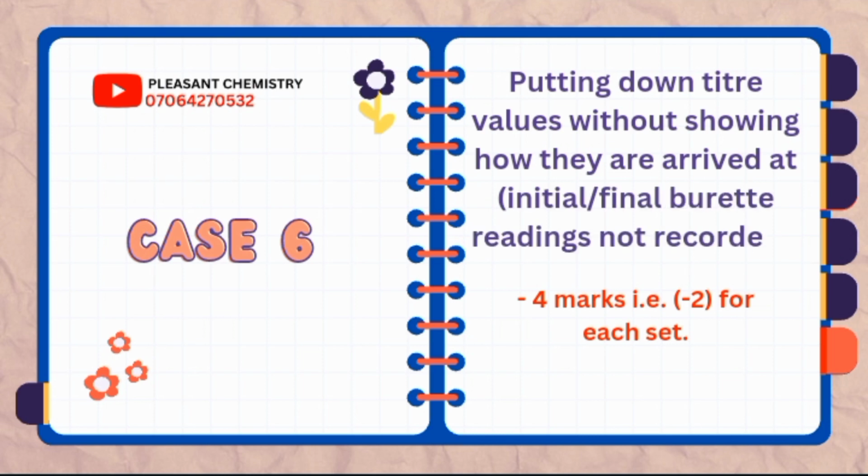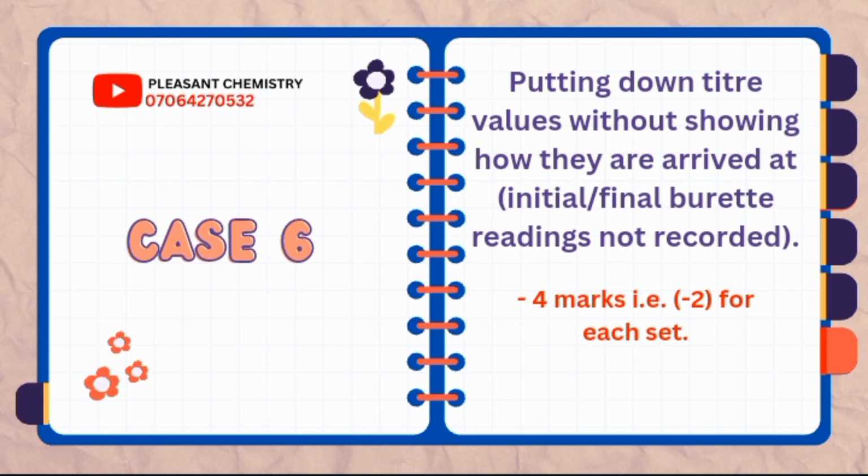Another error is putting down TITRE values without showing how they are arrived at. If you follow the class, I have said earlier that you need to draw your tables of value, and in that table of value you are going to have final burette reading, initial burette reading, and volume of acid used.